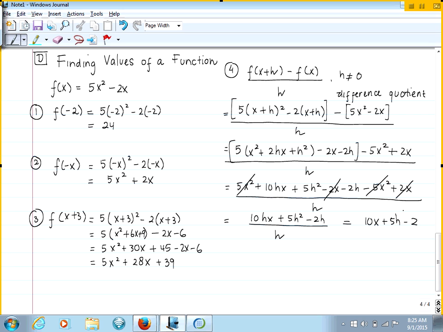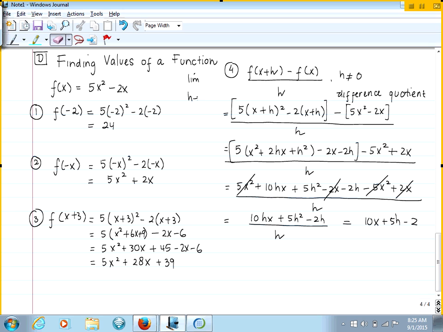So later on, when you're doing calculus, at the very beginning, when you talk about derivative, you're going to have to do this. And then they will add the limit as h goes to 0. So you have to carry the limit. What does it mean? We will substitute 0 for h at the end. So when I substitute 0 for h, what do I have? 10x minus 2.